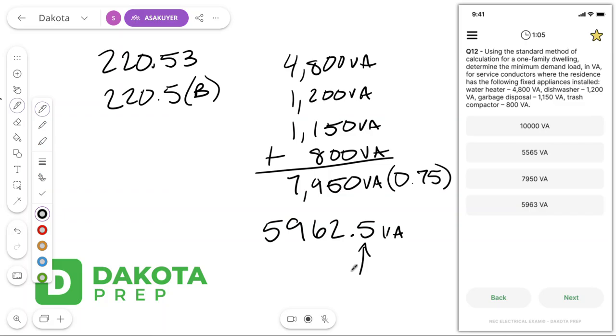So round up to the nearest whole volt amp, the nearest whole number, which gives us a grand total of 5,963 volt amps, which makes our green light correct answer. In this case, our last option here, 5,963 volt amps, applied to the size of our service for these fixed appliances.